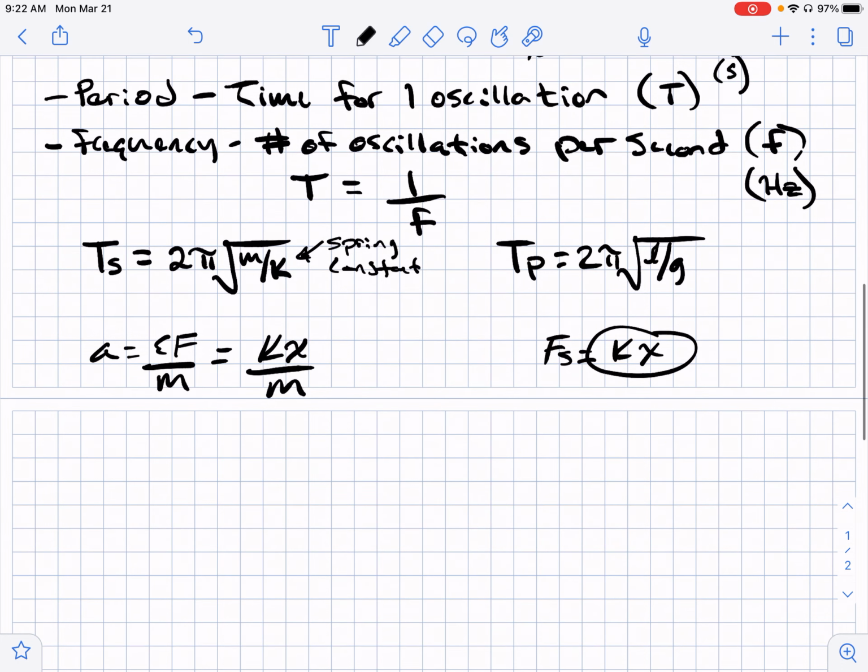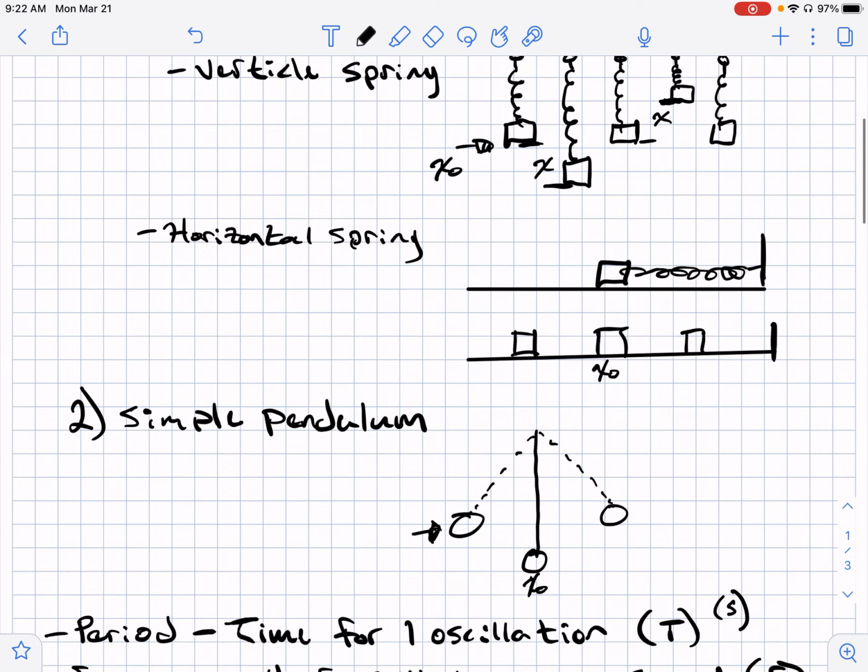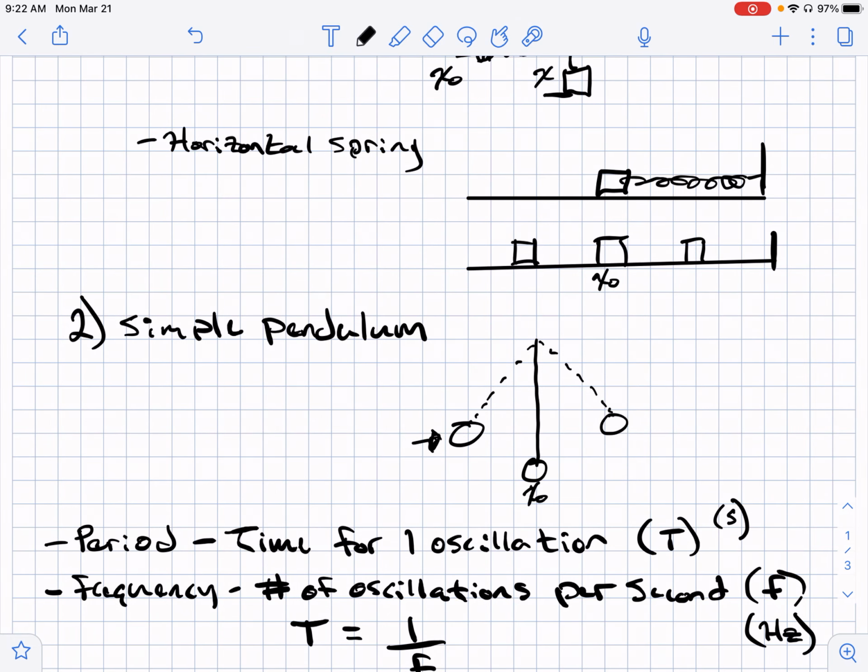We can also use conservation of energy. So looking at these two examples here, let's start with the pendulum. At this max height here, all your energy would be gravitational potential, U_G, if I'm starting from rest.